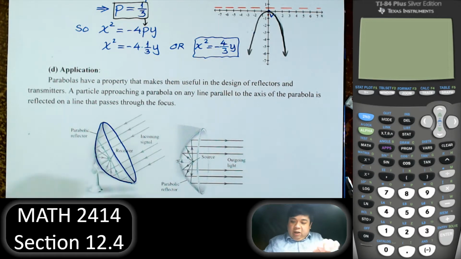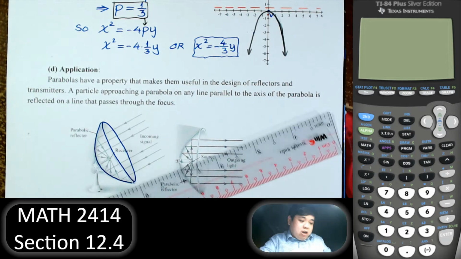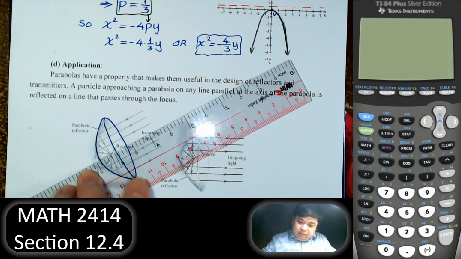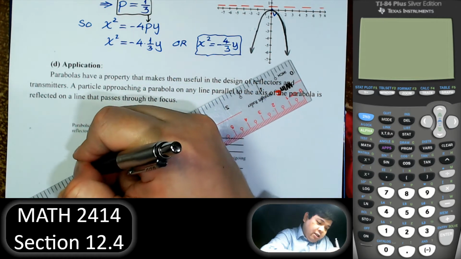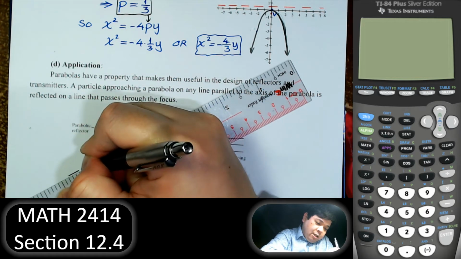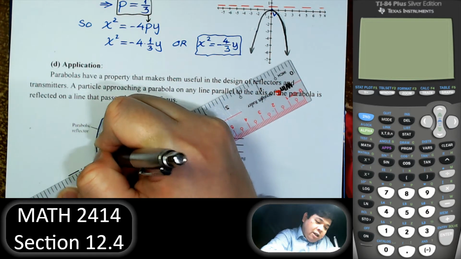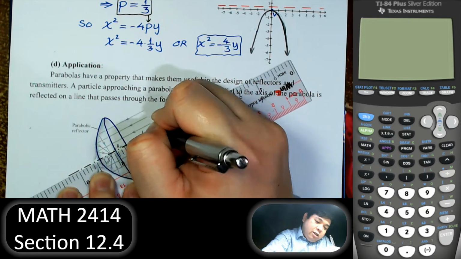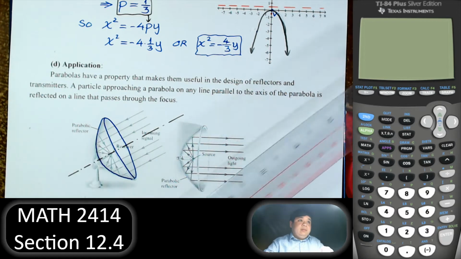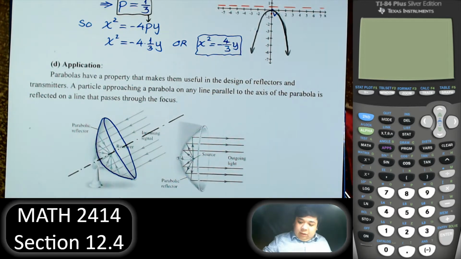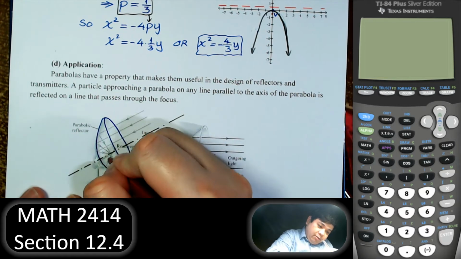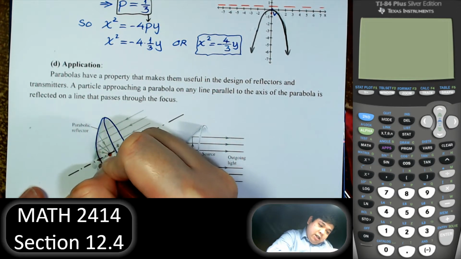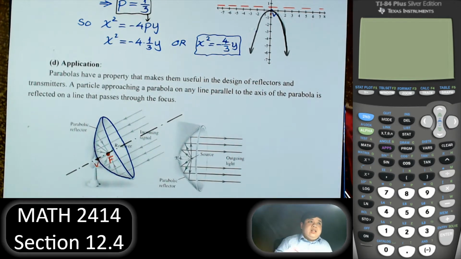So we have the axis of the parabola, the axis that goes through the vertex and the focus. So we have a focus here, and the vertex here, the line that goes through the vertex and focus.